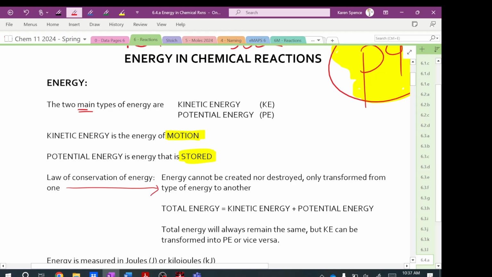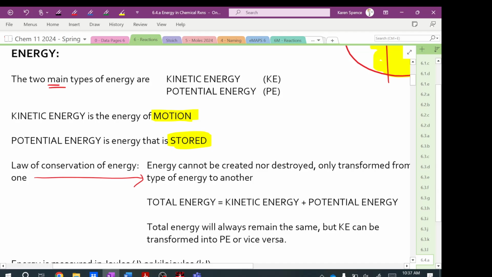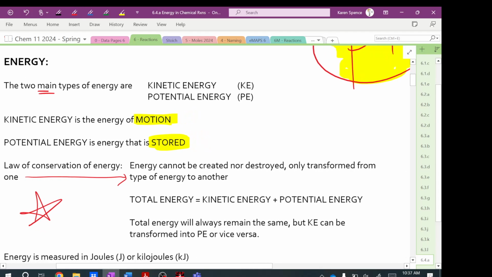Okay, so the law of conservation of energy, that's another thing you need to know. Energy cannot be created nor destroyed, only transformed from one type to another. The total energy in the universe is the kinetic energy plus the potential energy.